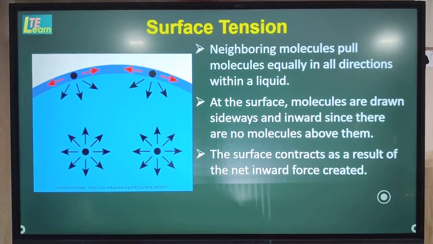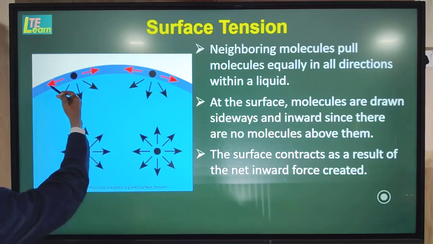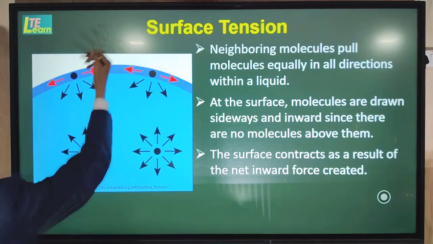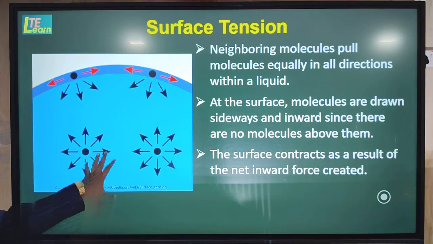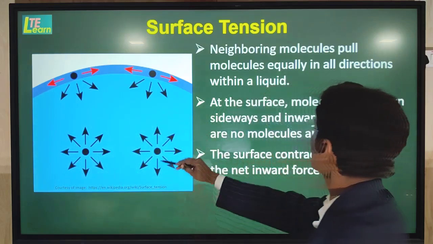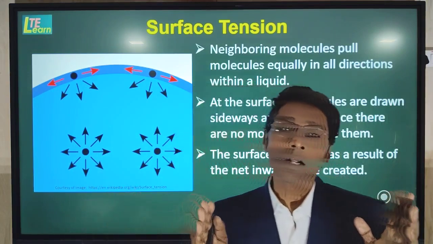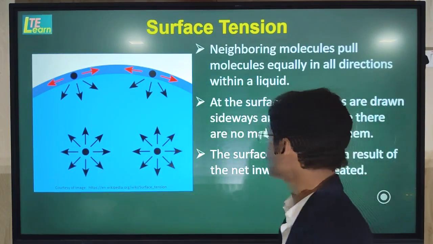For further clarification of surface tension, let us look at this image. This is a liquid. These are the molecules present inside and some molecules present at the interface. Above this there is air. All these neighboring molecules pull a molecule equally in all directions within the liquid because they are subjected to cohesive force.